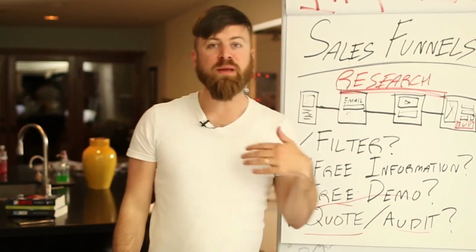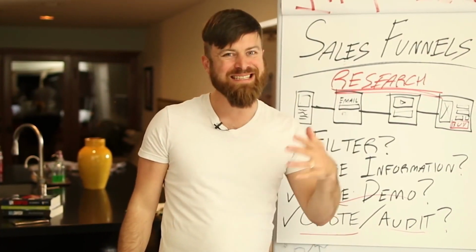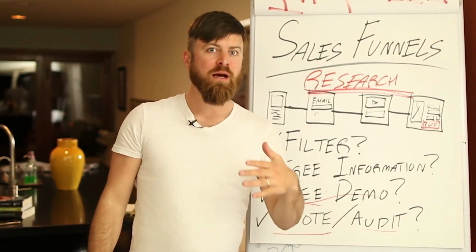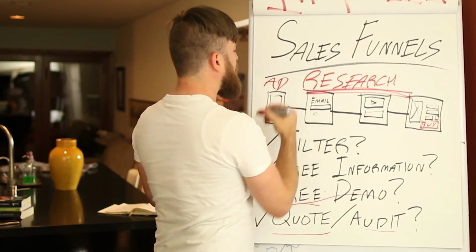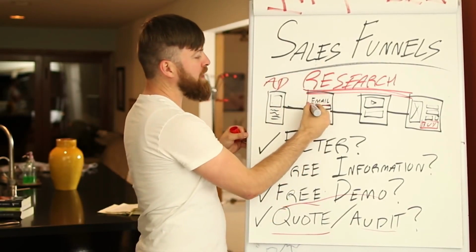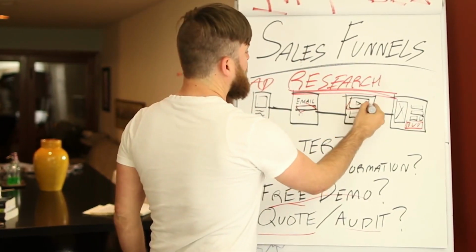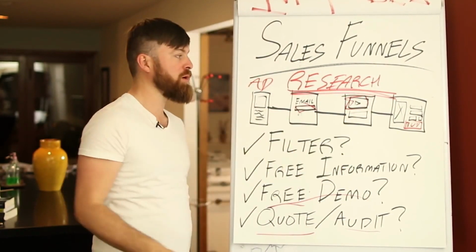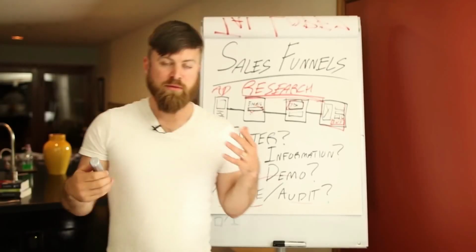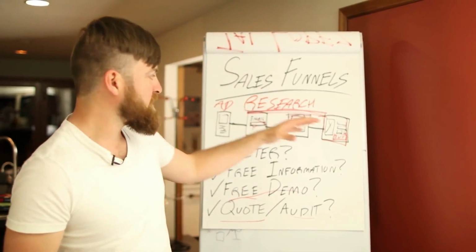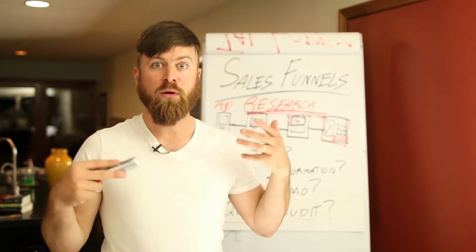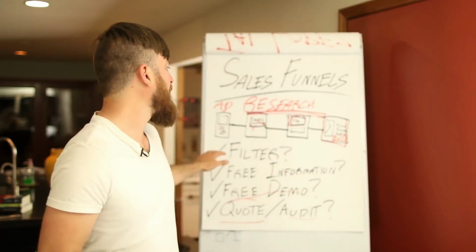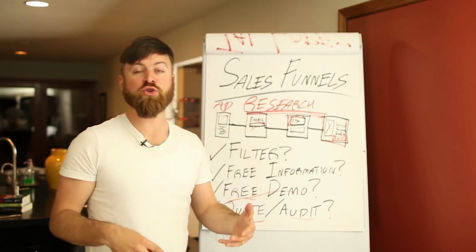Typically, if your competitors are consistently advertising a particular sales funnel, maybe they're putting up an ad, maybe they're collecting an email address, and then giving that customer some free information before they ask for the sale, there's a pretty good chance that that's a working funnel for a business, and that this is what you should be using.